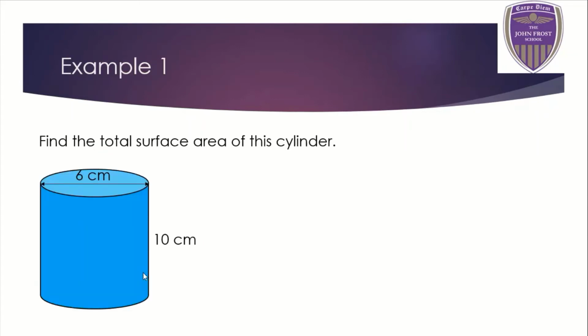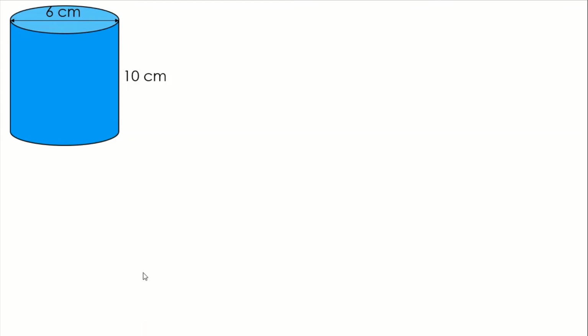So, example 1. Pause the video, draw this cylinder, all right? Sketch it, and then come back to me, and we'll have a go. Okay, welcome back. So, hopefully this makes sense now. I'm going to break this cylinder down into a net, like this.